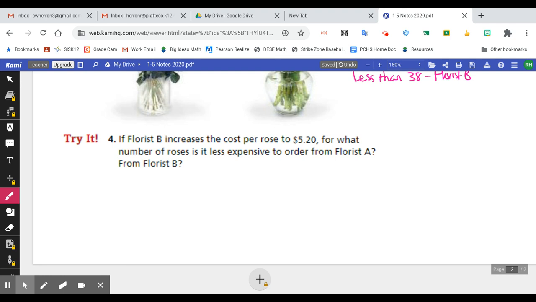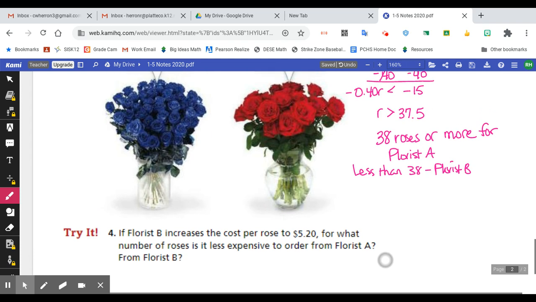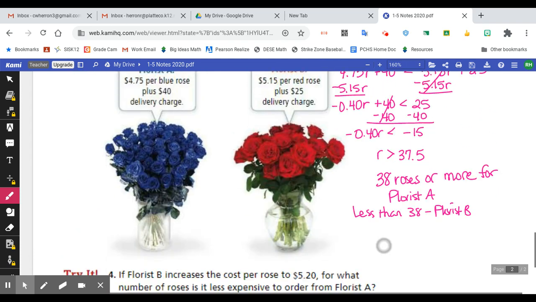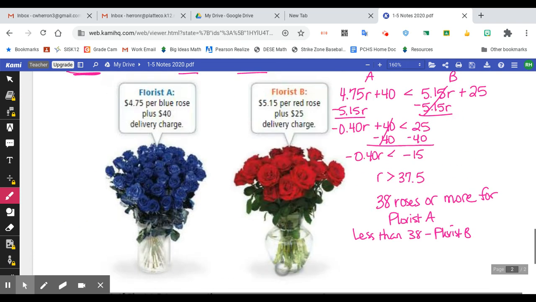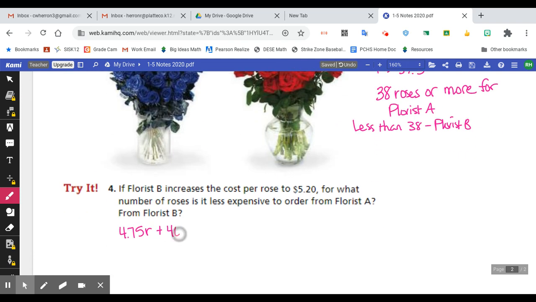So if florist B increases the cost per rose to $5.20, for what number of roses is it less expensive to order from A? So again, A is $4.75 per rose plus a $40 delivery charge, and we want it to be less expensive, so less than, okay?